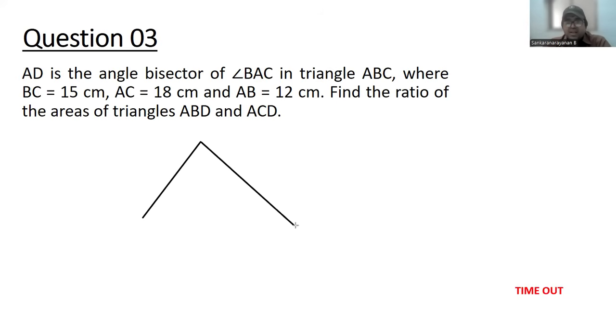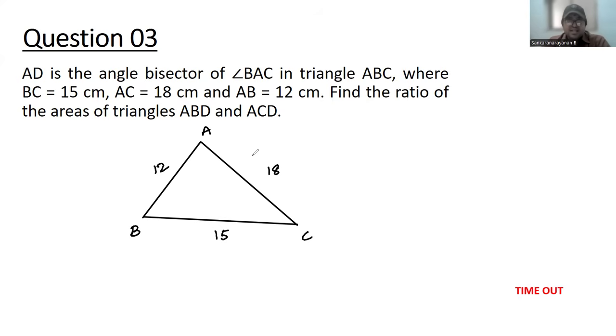And then I'm considering this BC like this. So I'm just drawing it this way. Just have a look at this. This is A. Let me say that this is B, and this is C. AB is 12, BC is 15, and I'm considering AC as 18, the three measurements.